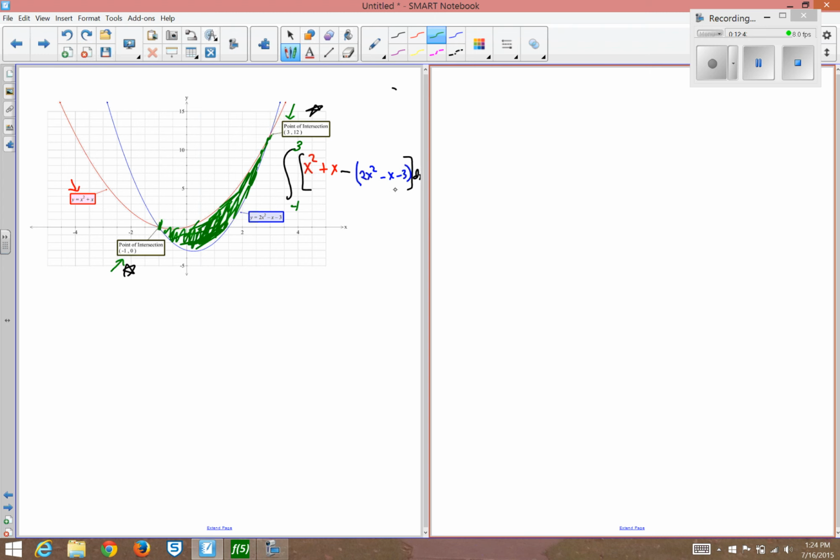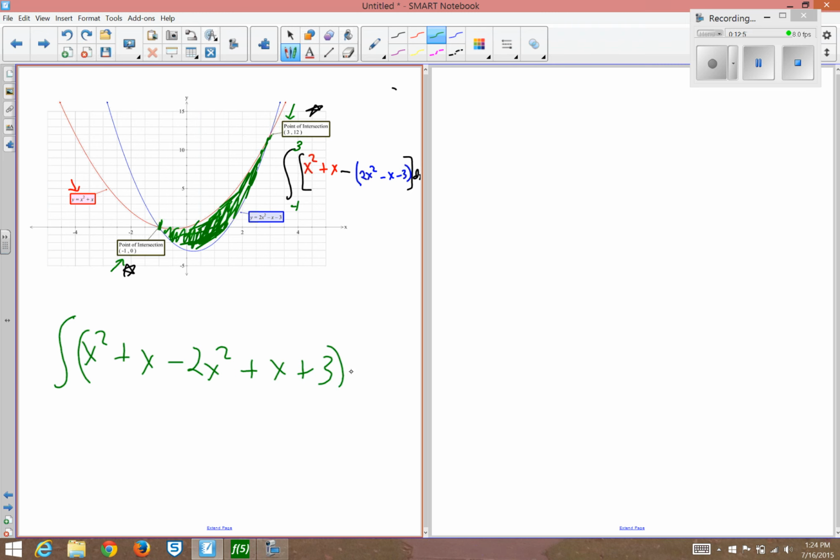And now we'll just do the calculus here. We write the integral of x squared plus x minus 2x squared plus x plus 3 dx from -1 to 3. So to get from here to here, I distributed this negative sign.